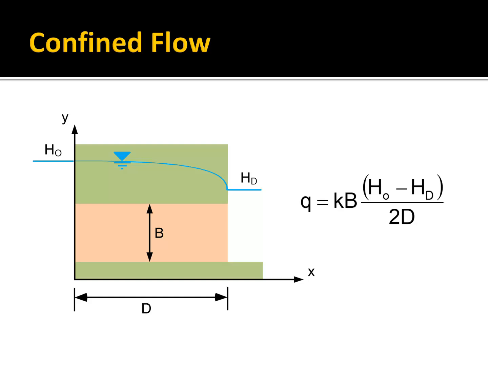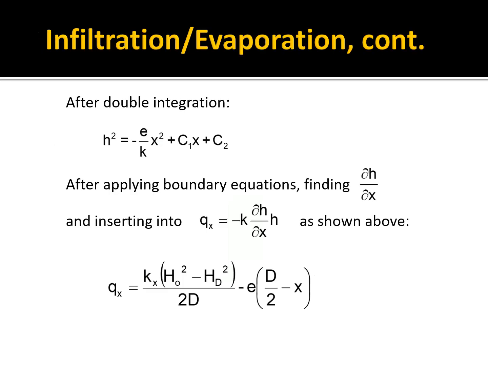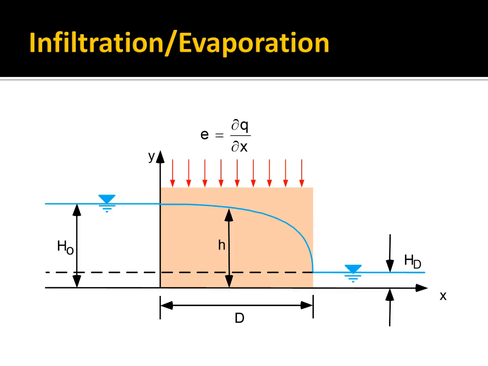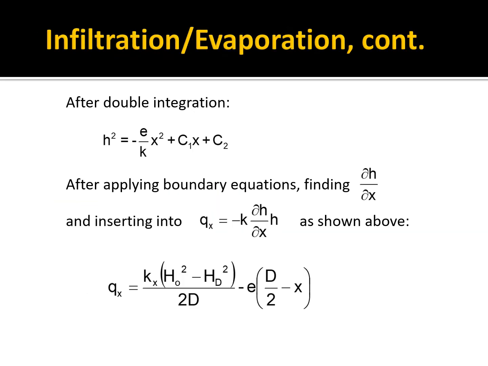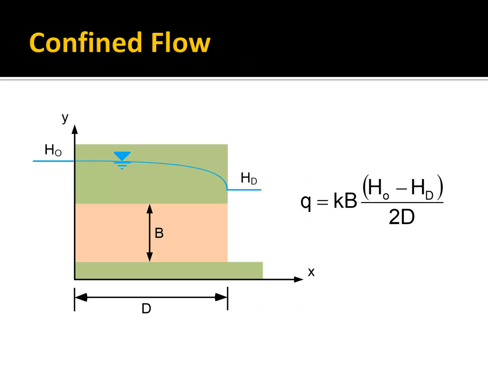Another variation of this is confined flow. So now we have a rectangular section, but it's confined. Now the flow is literally 100% horizontal, and the equation looks like this; again, we're going back to this equation right here. We don't have infiltration in this case. And you compare this equation with this one, and the difference is we got rid of the h squared.